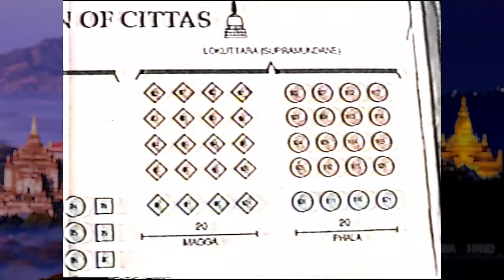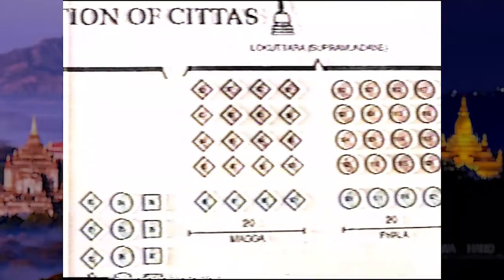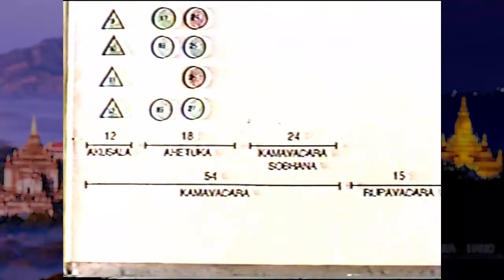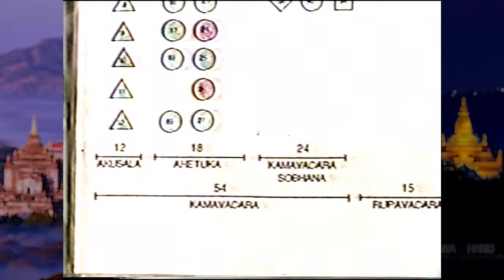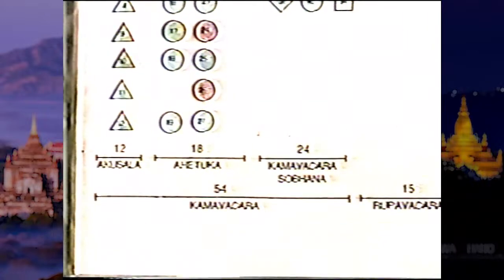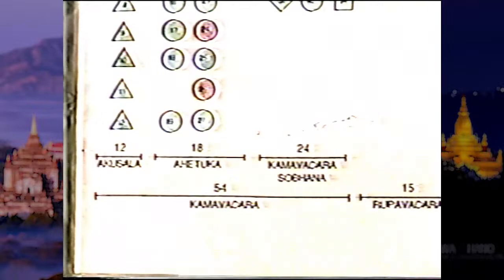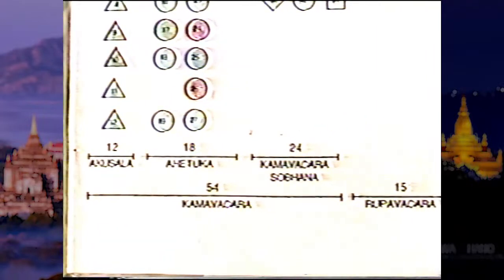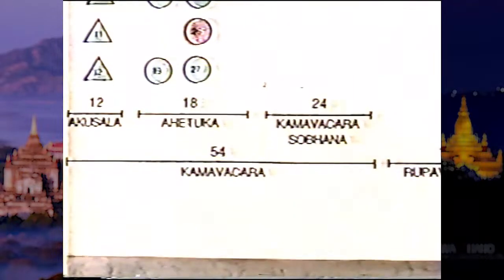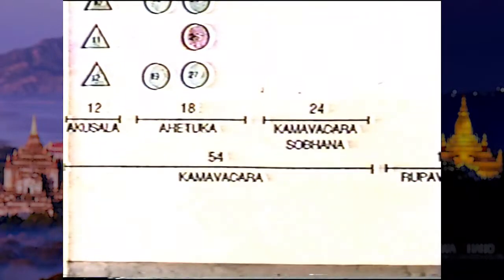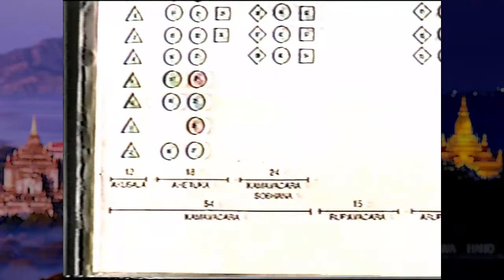Kama vachara citta, rupa vachara citta, and arupa vachara citta. Kama vachara citta means what? Types of consciousness that arise frequently in existences. Kama vachara means that frequent the sense sphere.